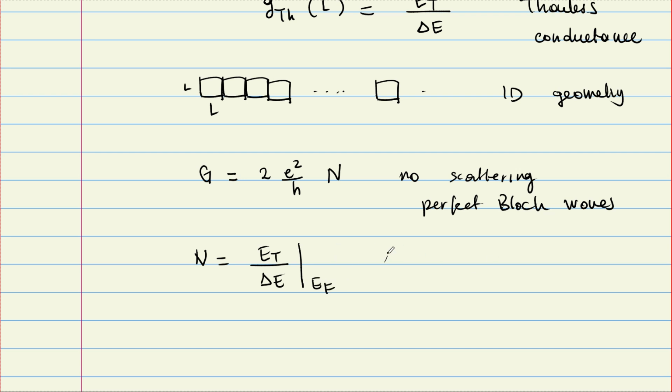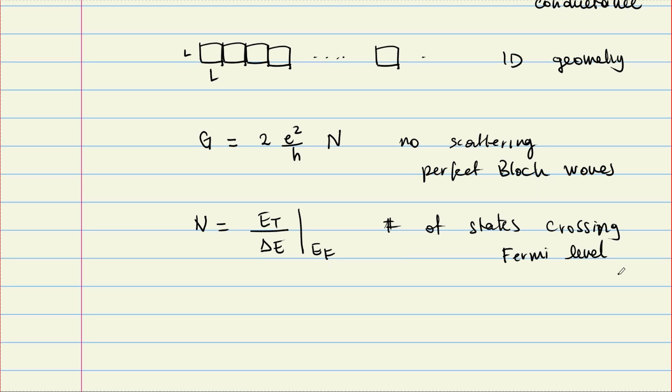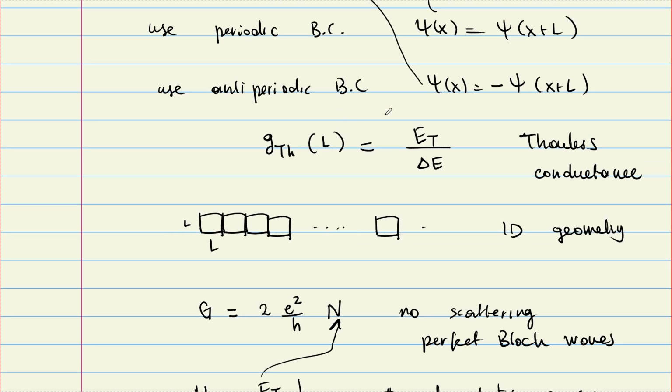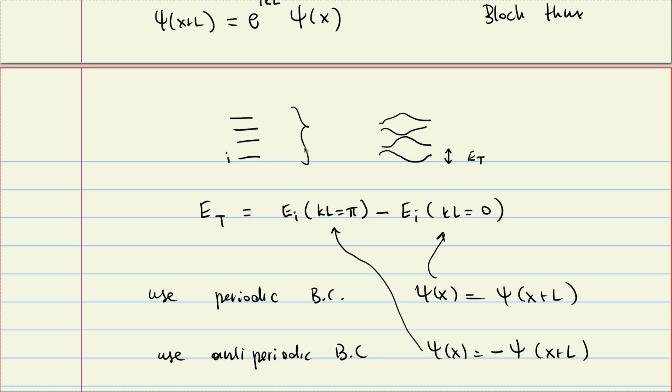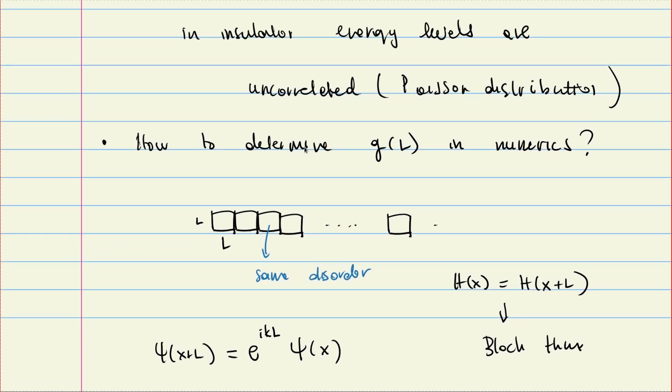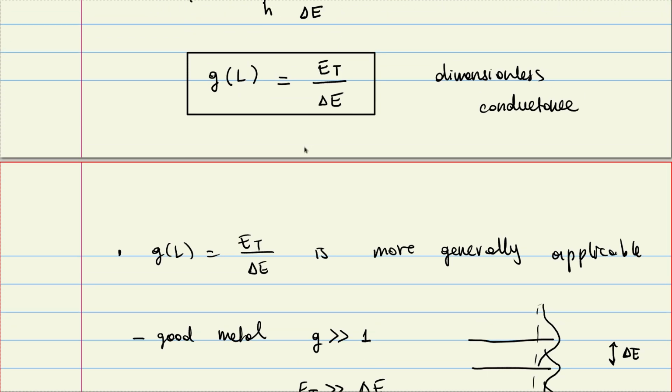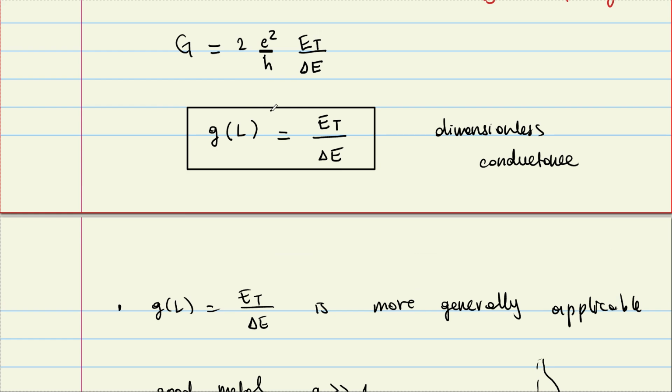So this is the number of states crossing the Fermi level, and this also justifies this N, which is this object, is going to be G Thouless, which is exactly mapped to G, which we defined here in terms of dimensionless conductance.